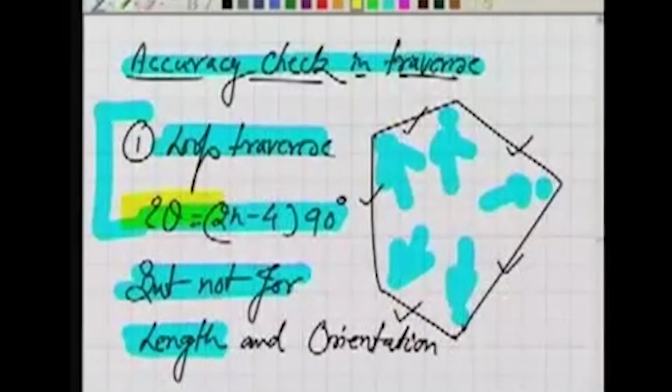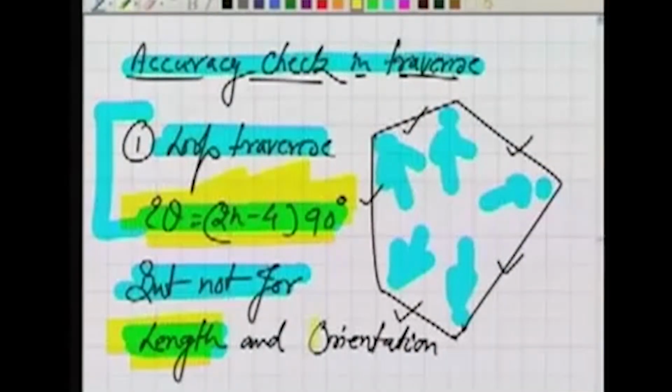So this check does not take care of the length, as we have seen in the case of the compass traverse also. In the case of compass traverse, we had adjusted our angles for this correction, but still we found that because of the error in length, our compass traverse will not close. So the same thing will happen here for the length, and similarly for the orientation.